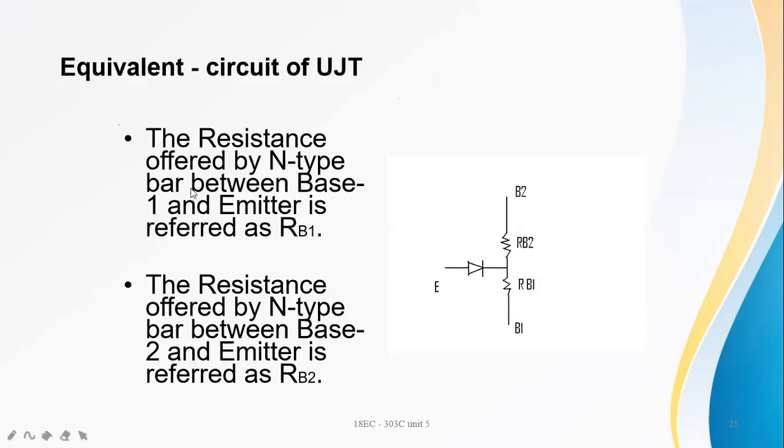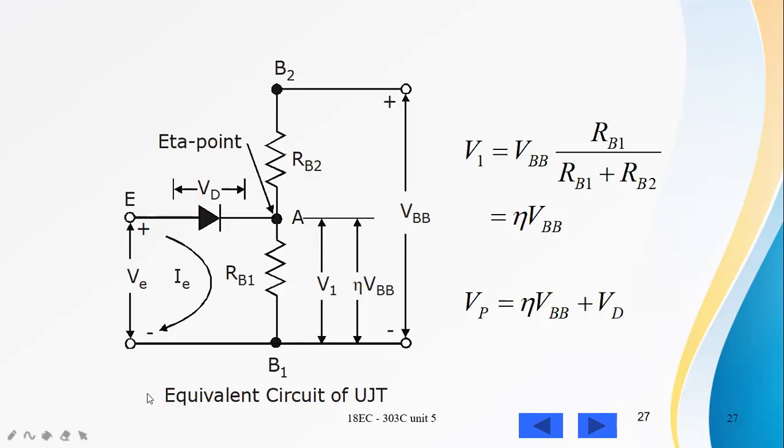The resistance offered by the N-type bar between base 1 and emitter is referred to as RB1, and the resistance offered between base 2 and emitter is referred to as RB2. This is the junction diagram. Here, the voltage across RB1, V1, equals the applied voltage VBB times RB1 divided by the total resistance.